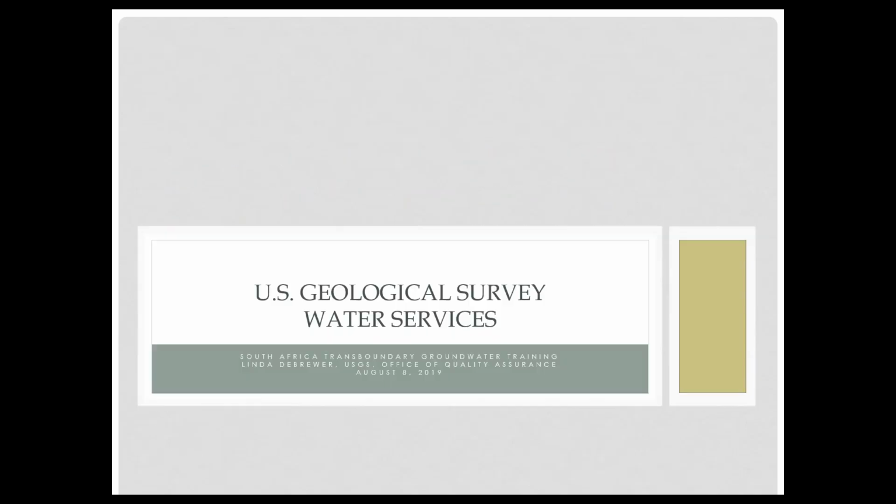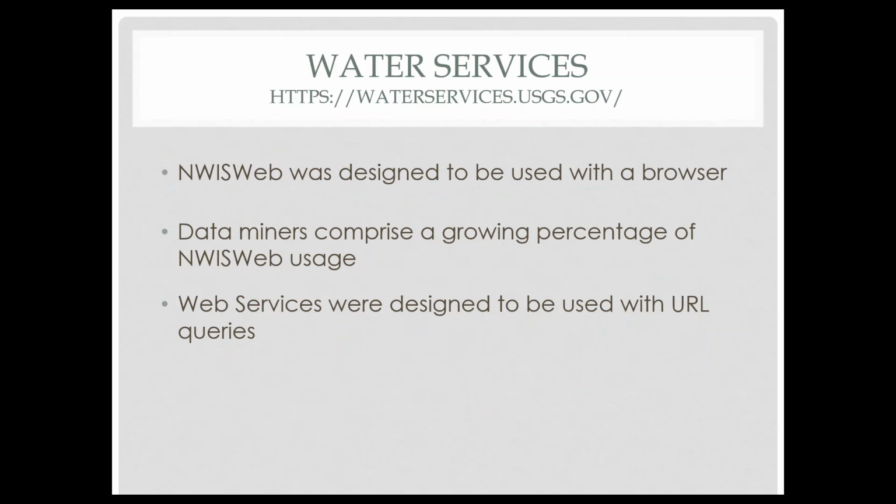I'm going to keep going through here in the interest of time. This is what I wanted to show folks who may be data miners. If you want large volumes of data, and you don't want to go to a web interface, obviously that's not ideal. You want to use Python or R scripting or Fortran or whatever your programming language is to pull large amounts of data out.